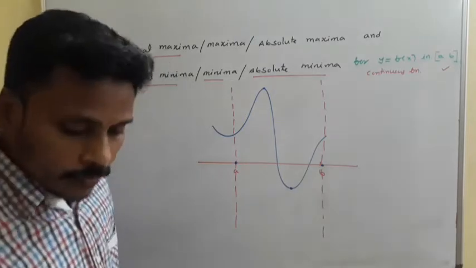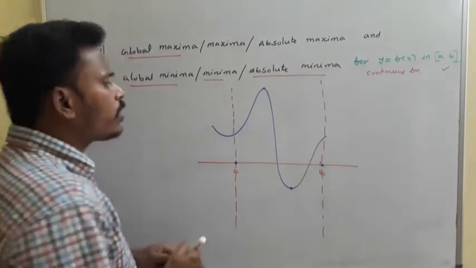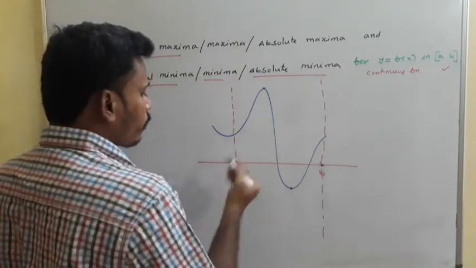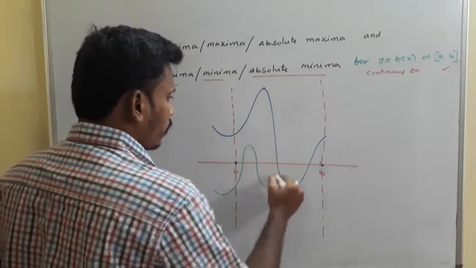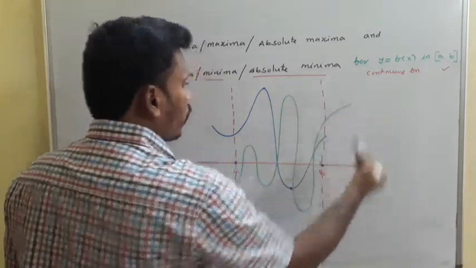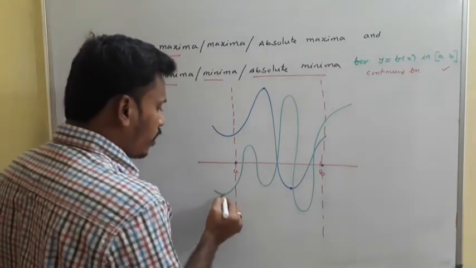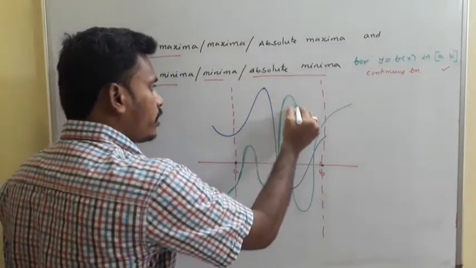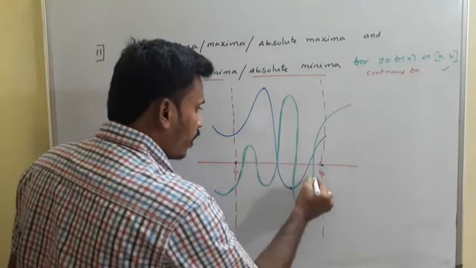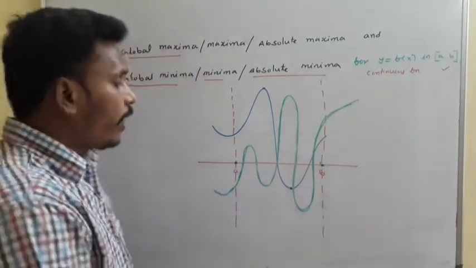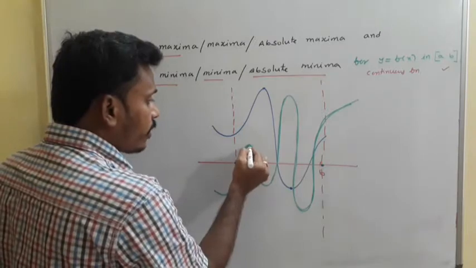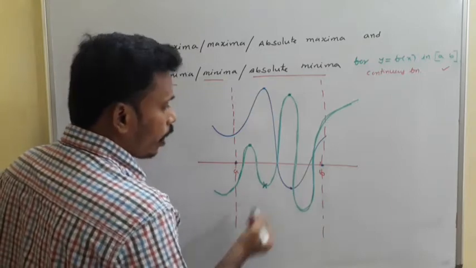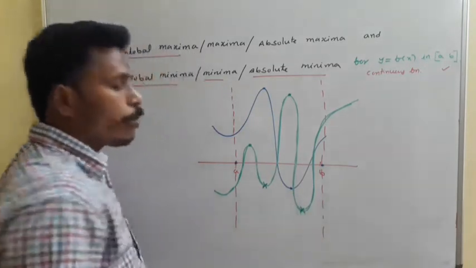But suppose the graph of the function is different. Suppose this is the graph, just trace this green color part, of y equals f of x in the interval ab. In this graph, this is a local maxima point, this is another local maxima point, this is a local minima point, and this is another local minima point.